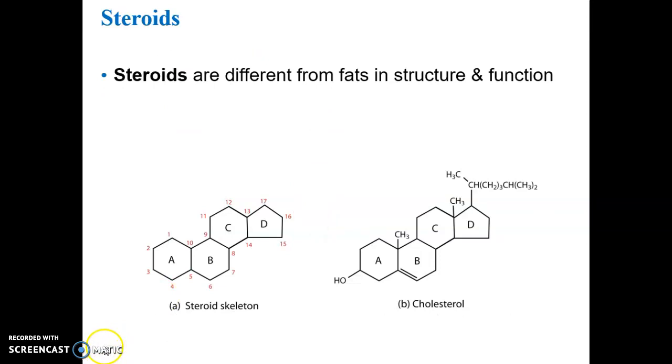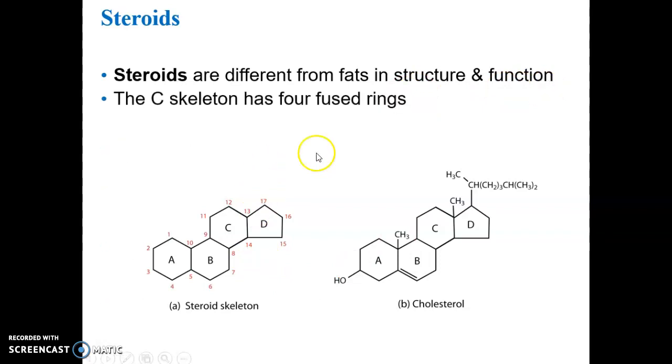So steroids are unique lipids because they have a unique structure that's different from other fats. And that structure, of course, leads to unique functions. So the carbon skeleton framework, instead of a linear structure, they form 4 carbon rings.